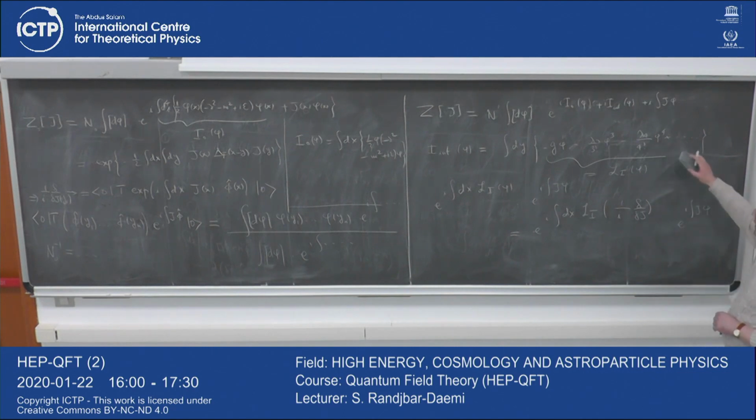So therefore, I'm going to raise all these things and replace this interaction as a functional of phi. In that functional, I will replace it by 1 over i d by dJ.